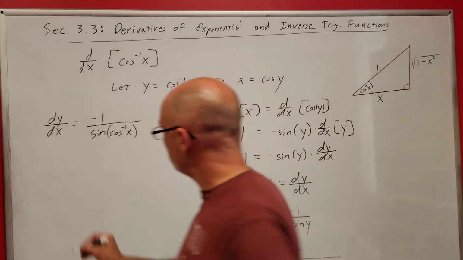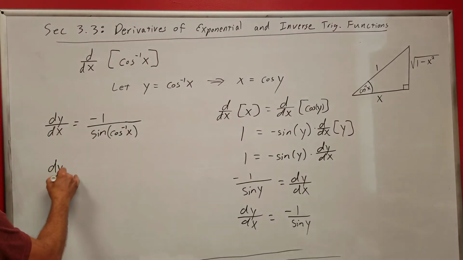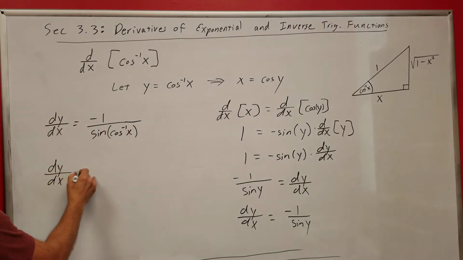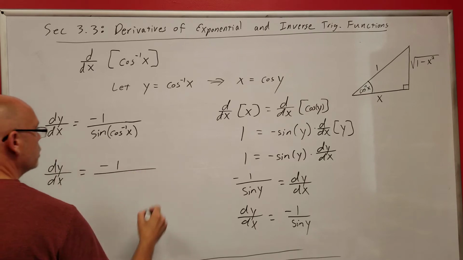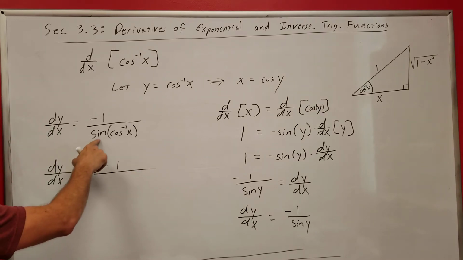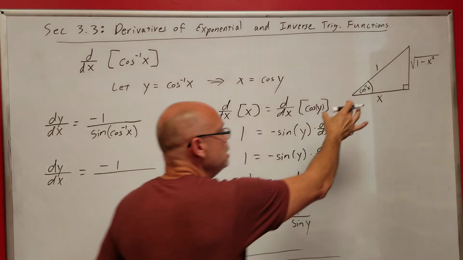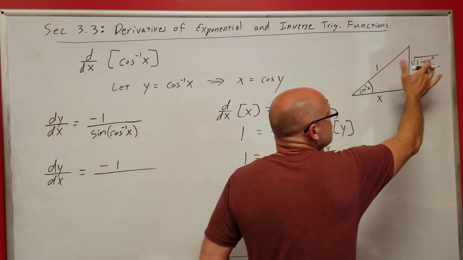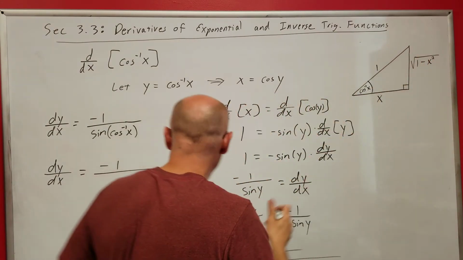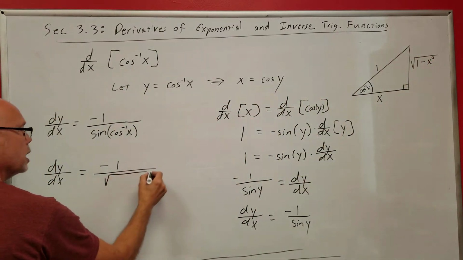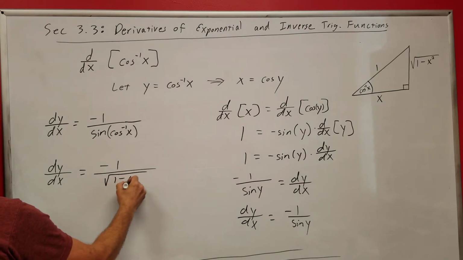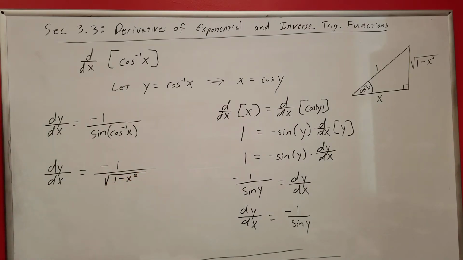Let's see if I can figure out a neater way to write this. dy over dx is equal to negative 1 over, what is the sine of this angle? Here's that angle. What is the sine of it? Opposite over hypotenuse. So I could call that 1 over the square root of 1 minus x squared. So what are we saying here?